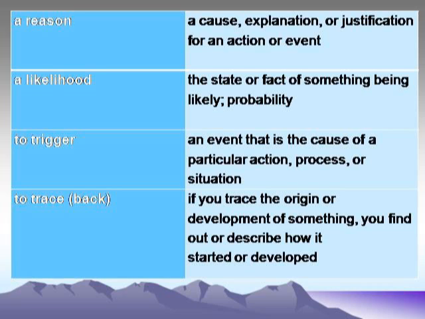To trigger means an event that is the cause of a particular action, process, or situation. To trace back, if you trace the origin or development of something, you find out or describe how it started or developed.